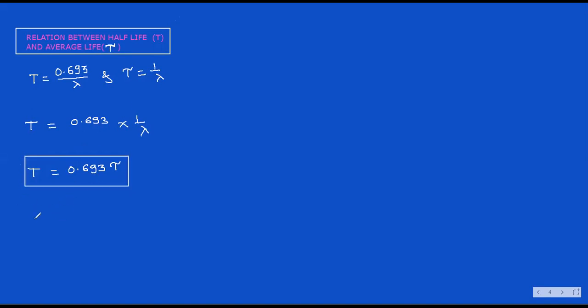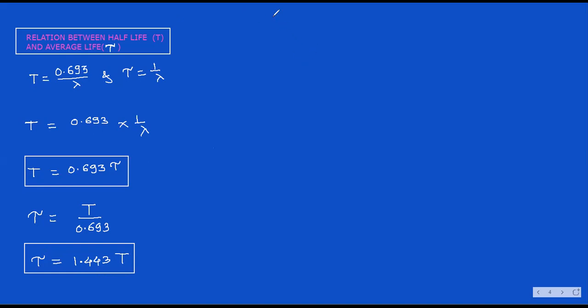And if you want this, so this tau is equal to capital T by 0.693, and therefore this tau is equal to 1.443 into capital T. So these two formulas you can keep in mind to calculate half-life or average life, whichever is given.